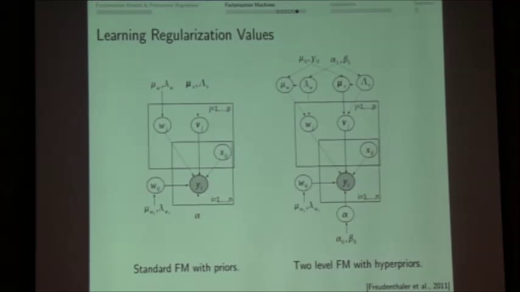What you can do to solve this problem is to make the inference over your regularization parameters in your model. You can do this with a two-level model. In this case, I would include your lambdas, your regularization values, into the inference. So you learn your model once, and it learns automatically your regularization values and your model parameters in one shot. This is what I will use in the application.